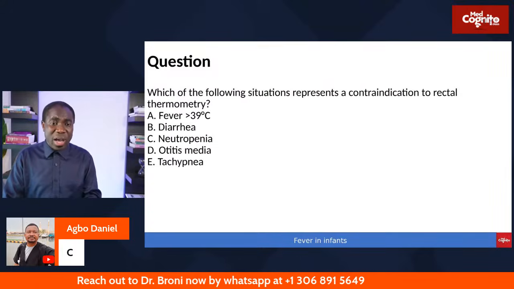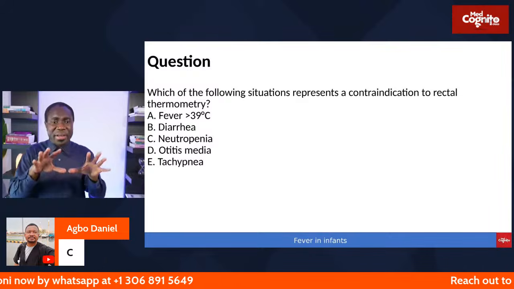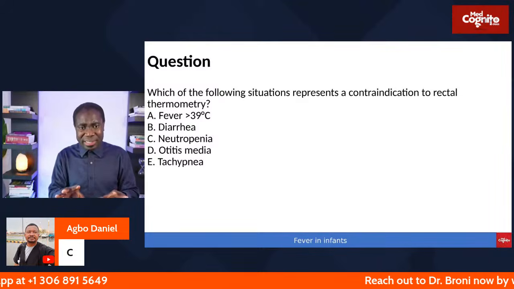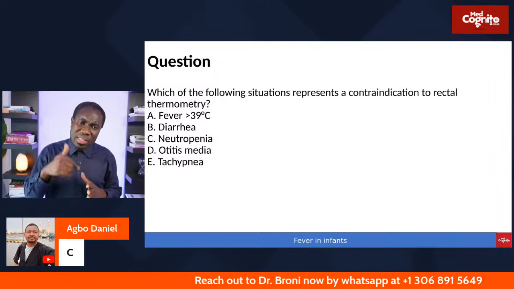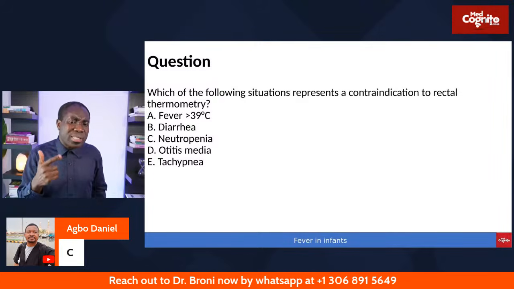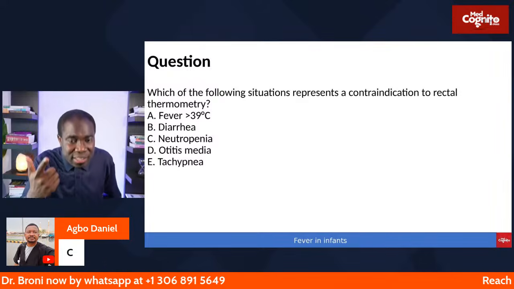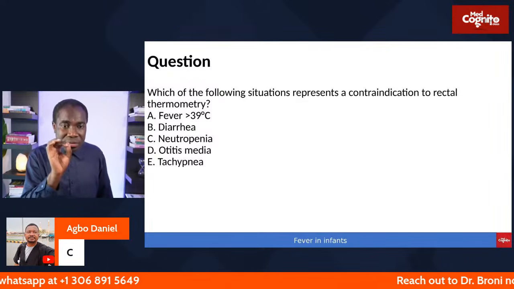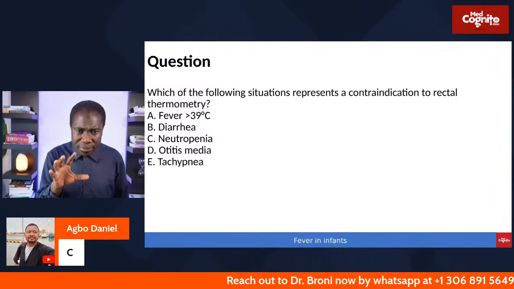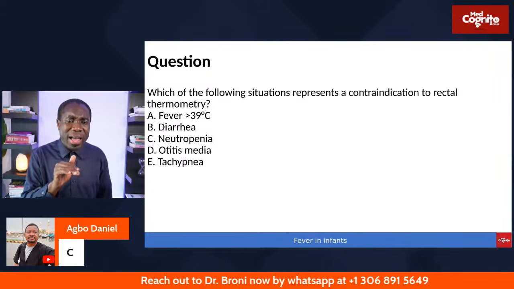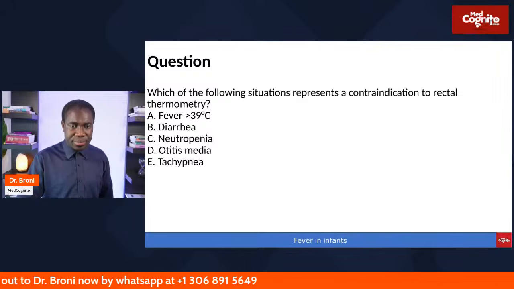Then I'm going to ask you a follow-up question. Since we are saying that rectal thermometry is the best to measure core temperature, this is the next question. Which of the following situations represents a contraindication to rectal thermometry?